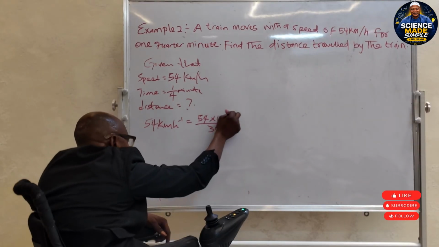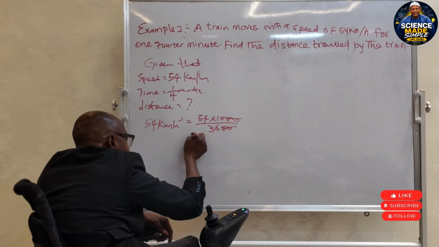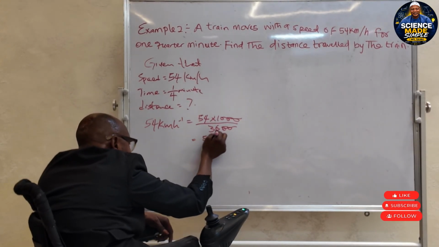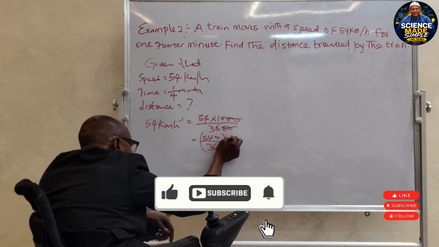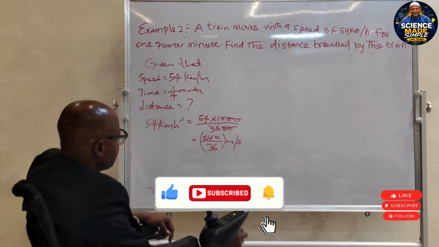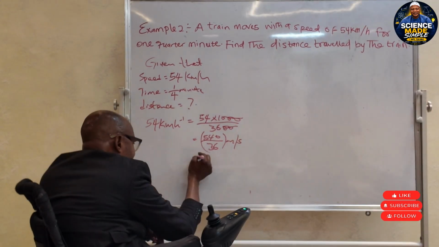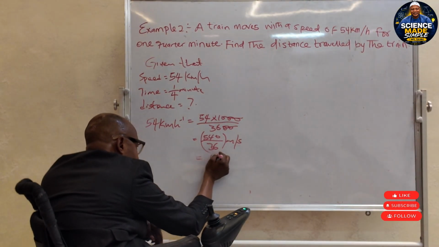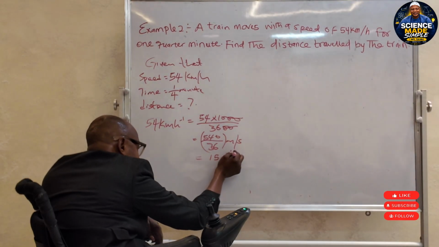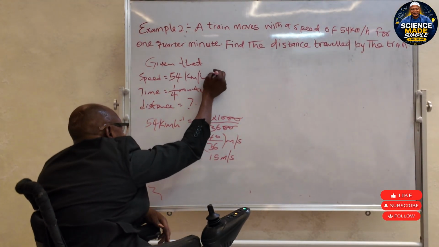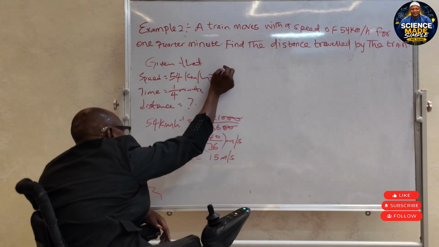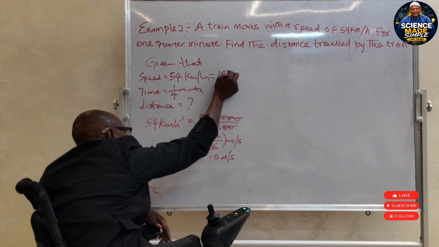Simplifying, that's 540 over 36 meter per second. So that is 15 meter per second. So instead of 54 kilometer per hour here, we say that our 54 kilometer per hour is 15 meter per second.